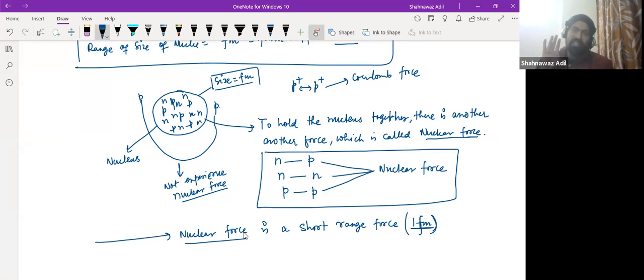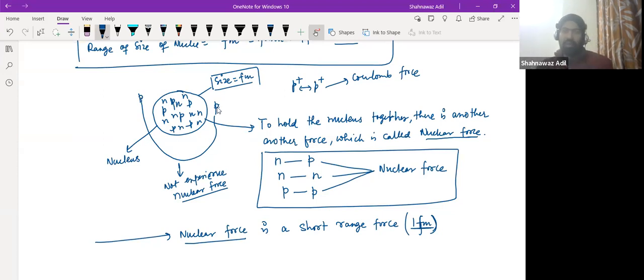Only four forces are there in physics. So if they are not inside the nucleus, then the Coulomb force, the electromagnetic force, will dominate, right?